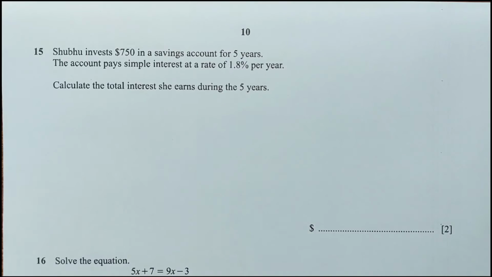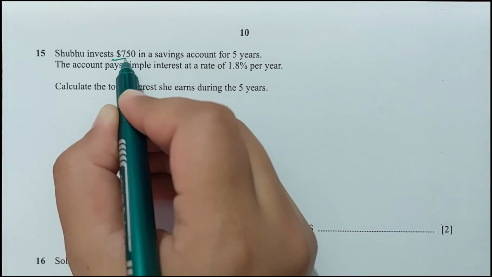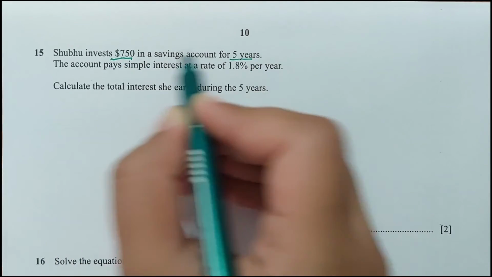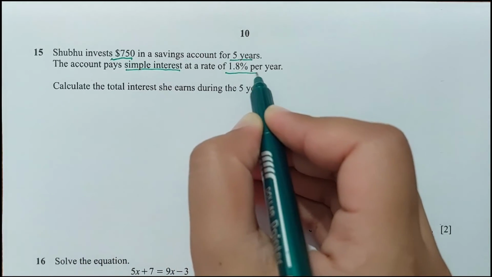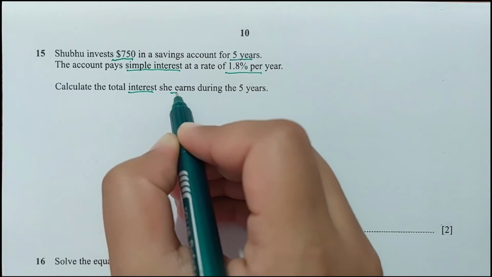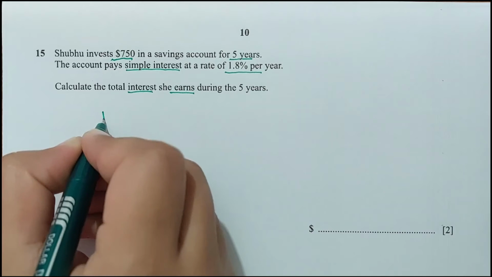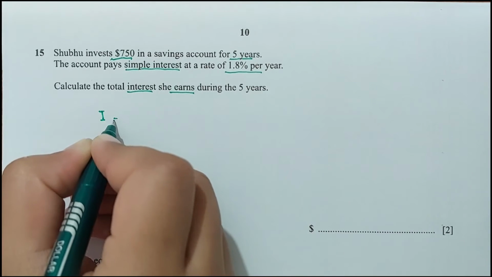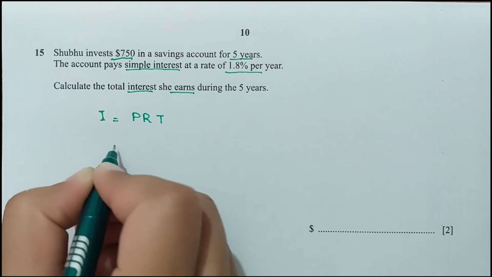Right. Question number 15. Shibu invests $750 in a savings account for 5 years. The account pays simple interest at a rate of 1.8% per year. Calculate the total interest she earns during the 5 years. So interest earned in case of simple interest is equal to PRT.